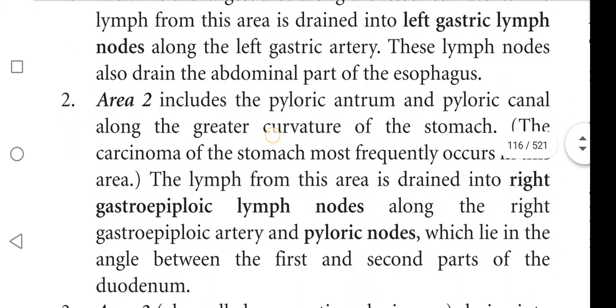Next, area 2. Area 2 includes the pyloric antrum and pyloric canal along the greater curvature of the stomach.